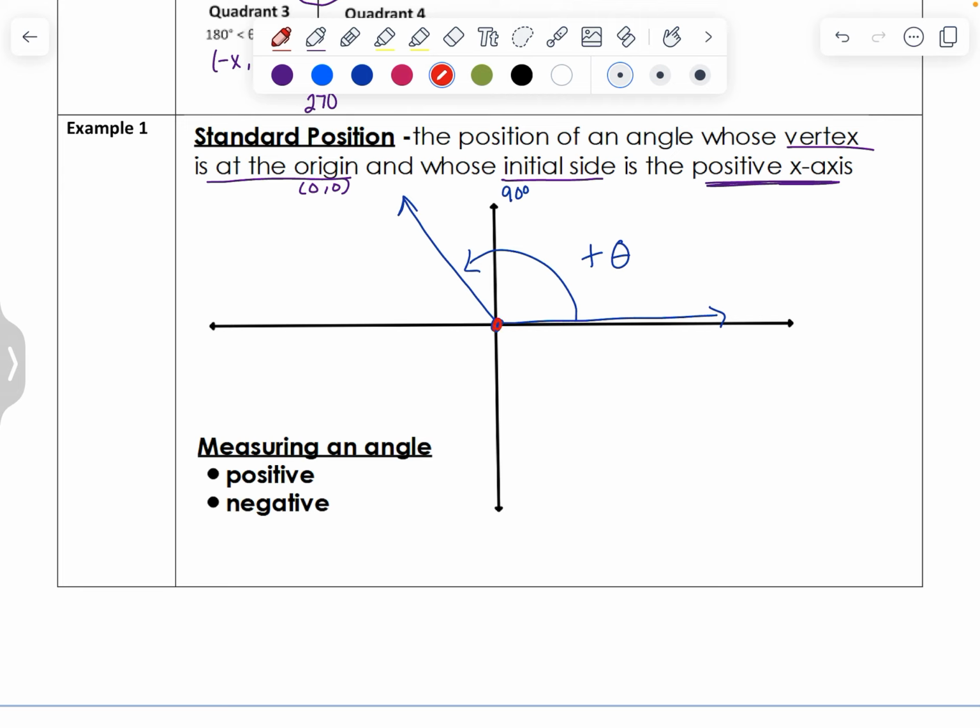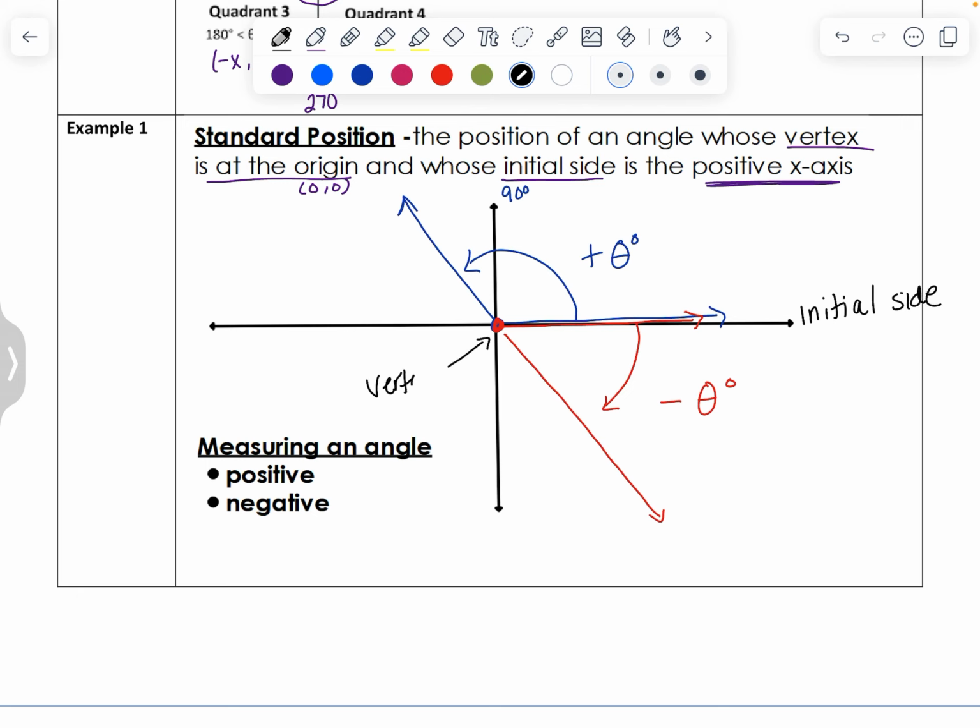If you start here and go in the reverse direction, that makes a negative angle value. So positive angles go counterclockwise and negative angles go clockwise. Both always start at the positive x-axis, and this is called the initial side.